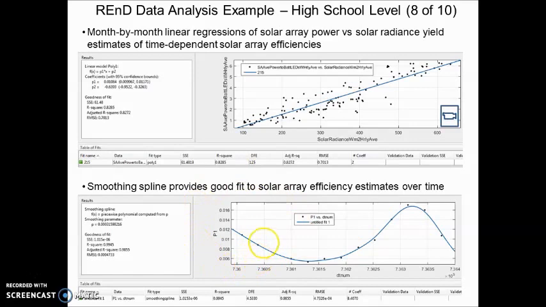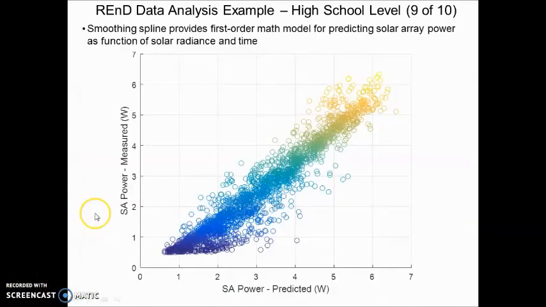But then MATLAB provided a spline interpolation that produced the solid blue line here that provides a very good fit to the data. So the spline function lets us make a prediction of the solar array power, which is plotted down here, as a function of the solar radiance and the time of year. So here we're comparing the measured solar array power versus the predicted power, the basis for our model, and we see that we're getting a fairly good fit.